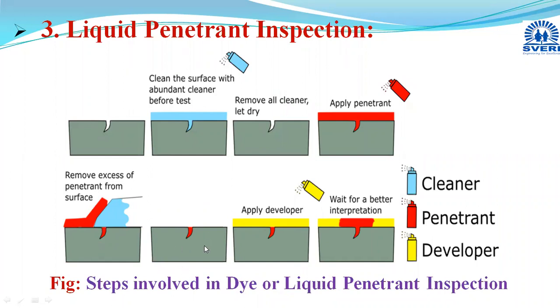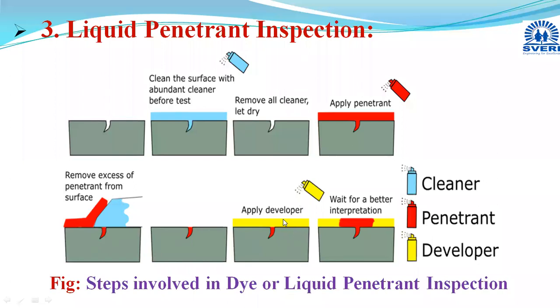Now in the next stage, the fourth stage, application of developer is done. It is generally indicated by a yellow mark on that chemical bottle. This is the developer. Developer is applied on that surface, and if required, excessive developer is removed.